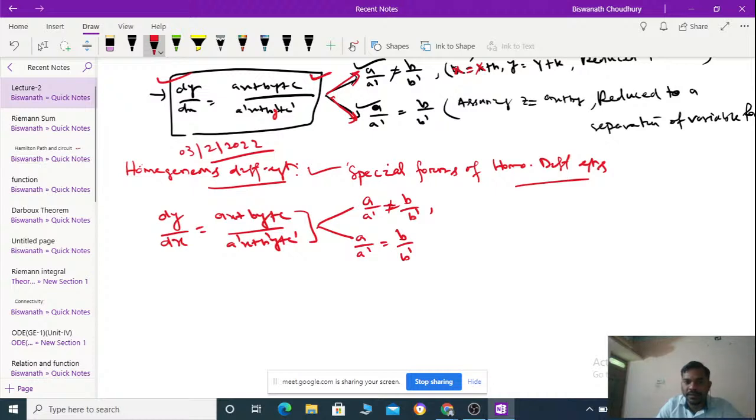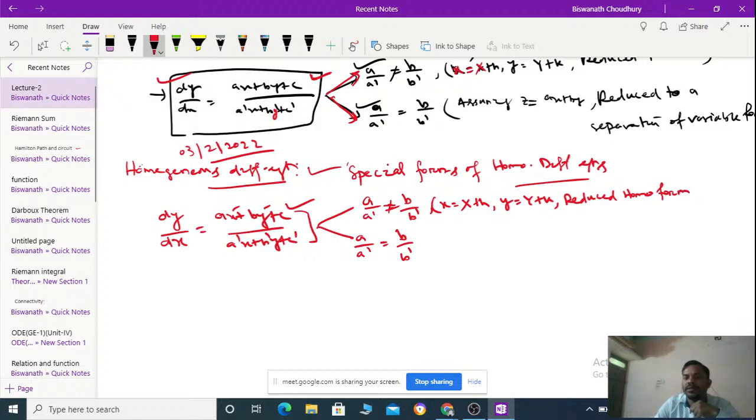If a by a dash is not equal to b by b dash, you will put small x equal to capital X plus h and small y equal to capital Y plus k. Then this type of equation will be reduced to homogeneous form.